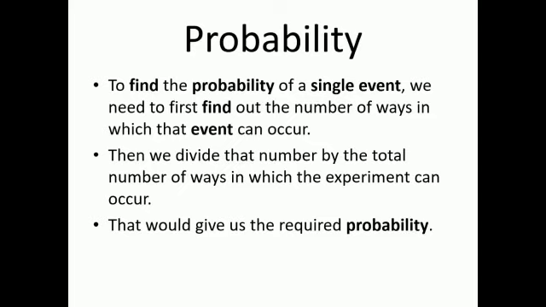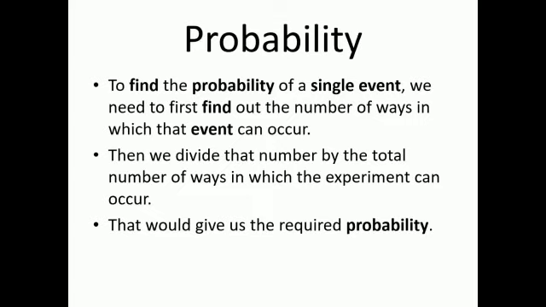Okay, so some explanations and definitions are here. To find the probability of a single event, we need to find the number of ways in which that event can occur. That is the first part. Then we divide that number by the total number of ways in which the experiment can occur.